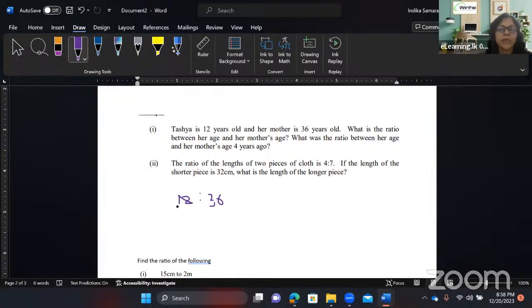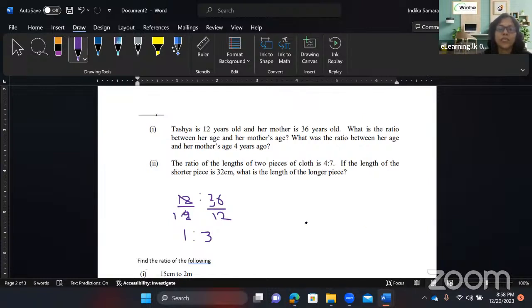If you divide both sides by 4... oh no, you can divide directly by 12. 1 to 3 is the ratio. Right? The ratio is 1 to 3.